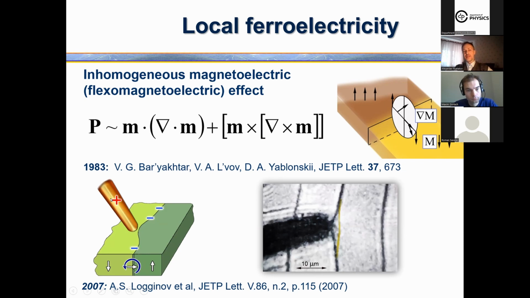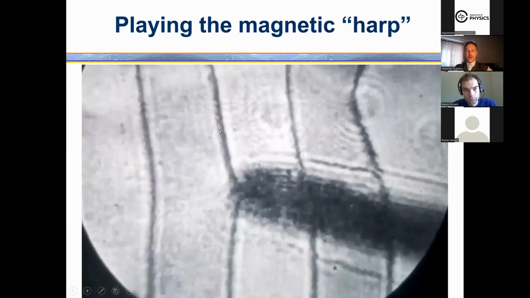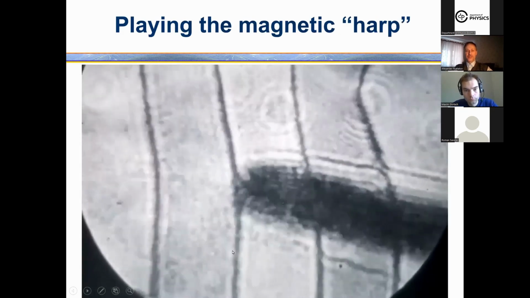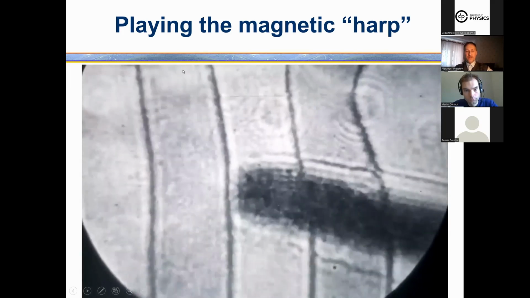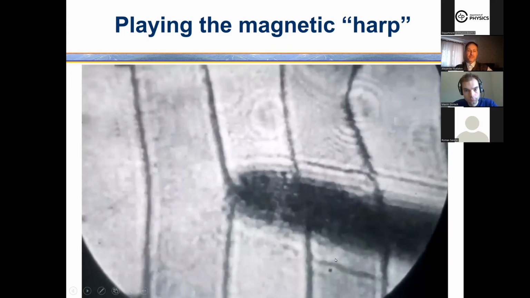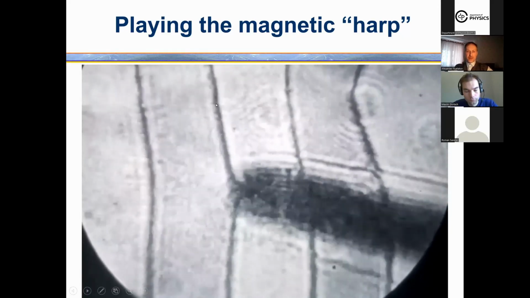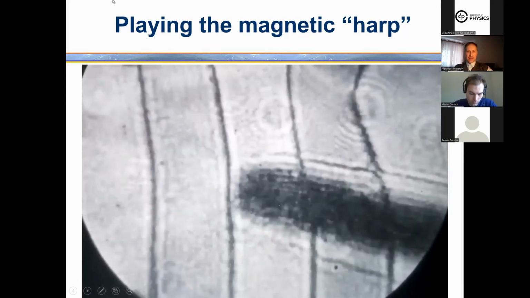When you apply voltage of about hundreds of volts to this tip, you generate a high strength electric field, and you can control the domain walls. We can see here the domains, these bright stripes, and the gray stripes are the domain walls.